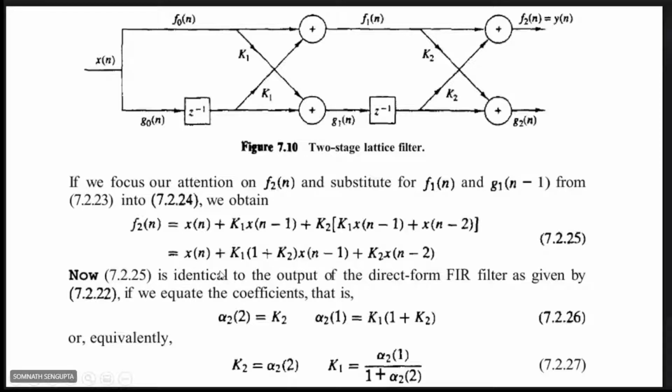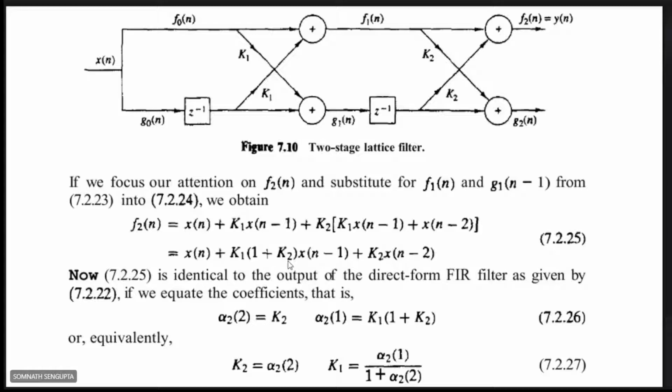Now if you compare this lattice, this is actually a lattice structure, and the K's are called lattice coefficients or reflection coefficients. But you can compare these coefficients with the direct form structure coefficients. Direct form structure coefficients are what? This is alpha. Okay. So you compare these K's with alphas.